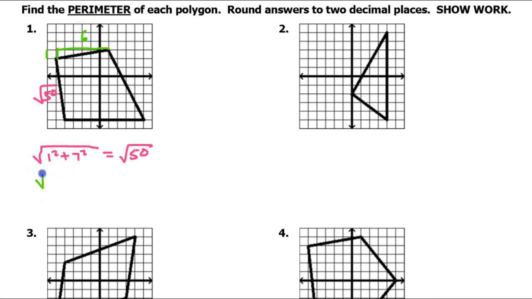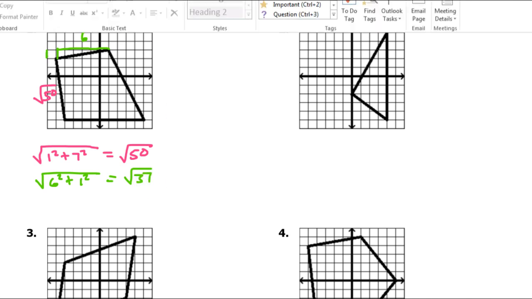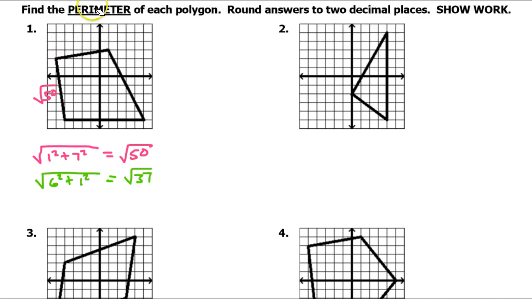So the length would be the square root of 6 squared plus 1 squared. So that's 36 plus 1, so that's going to be the square root of 37.